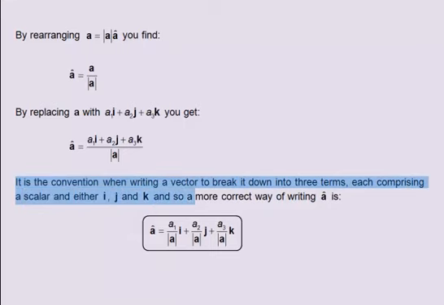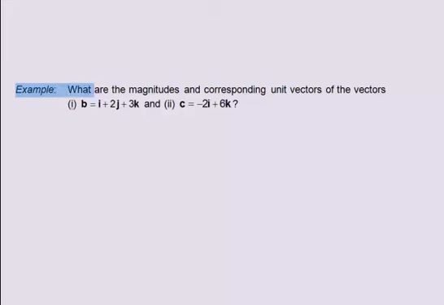And so a more correct way of writing A hat is A hat equals A1 divided by the magnitude of A times i plus A2 divided by the magnitude of A times j plus A3 divided by the magnitude of A times k.